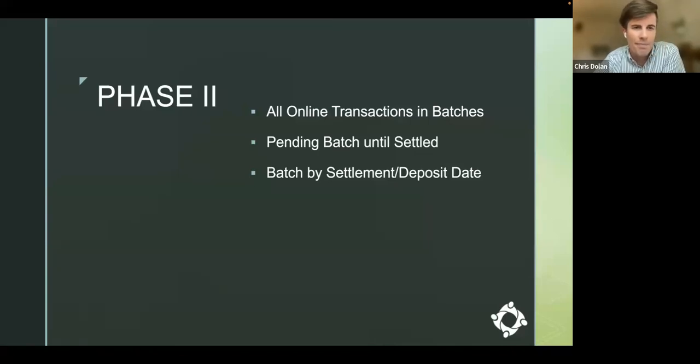The batch report. No. Oh, the reconcile report. You should not need that after we finish phase 2, because all of your transactions will show in a pending state until they settle. Once they settle, they will show by the batch date. So it should just make reconciliation super easy for you.